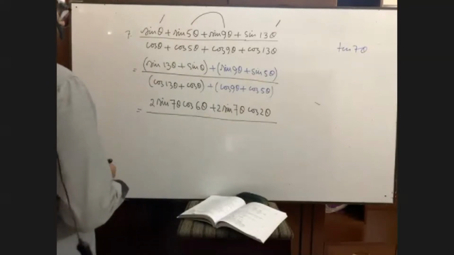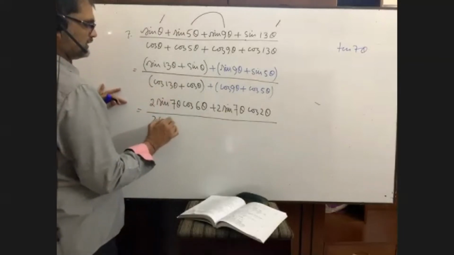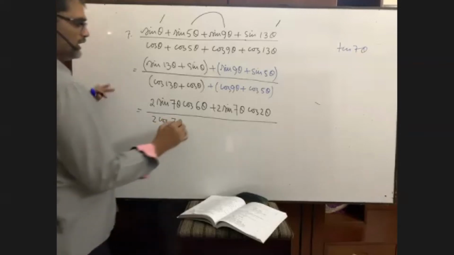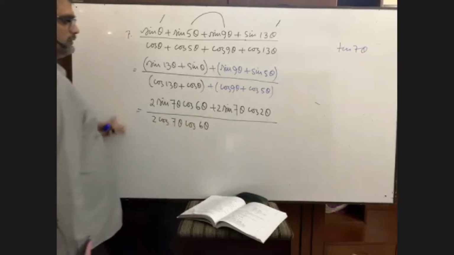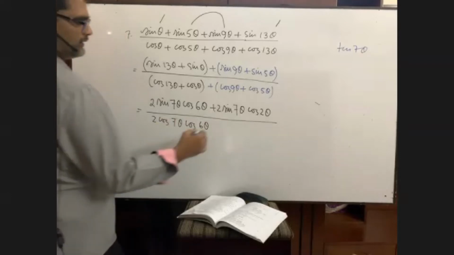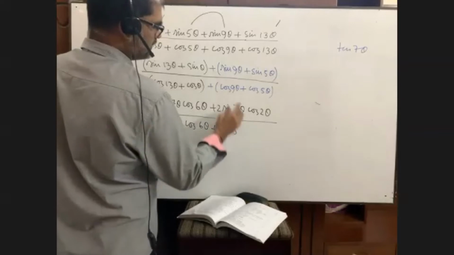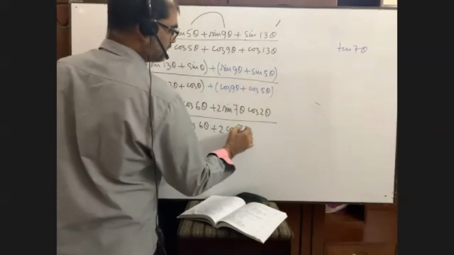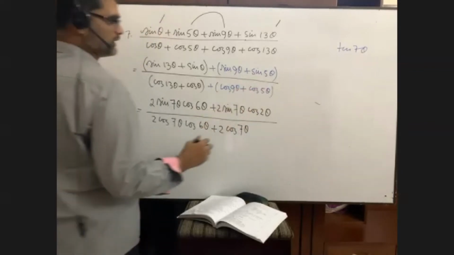Now, in the denominator, cos C plus cos D is 2 cos C plus D by 2 cos C minus D by 2. Here, 2 cos 9 plus 5 by 2, 7 theta. 9 minus 5 equals 4 by 2, that is 2 theta.